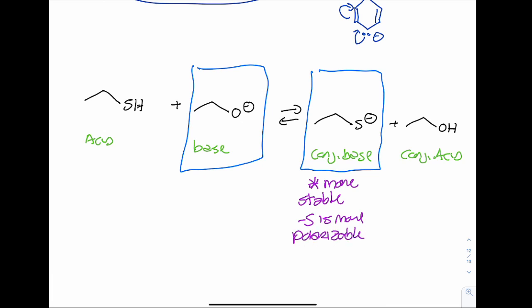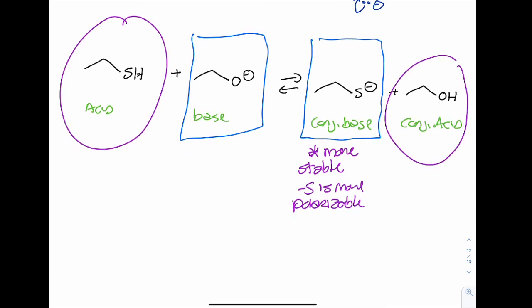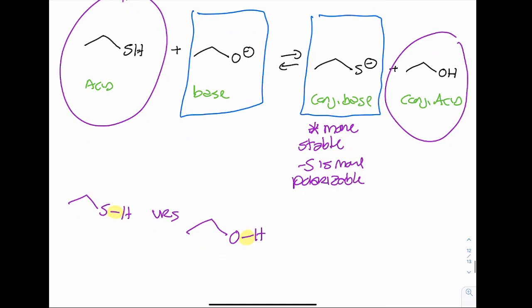This is the one where if instead of looking at the two bases, if you want to look at the two acids, that's fine. Breaking that SH bond versus breaking that OH bond, right? So is it easier to break that bond or this bond? The sulfur hydrogen bond or the oxygen hydrogen bond? This one is easier to break. Because it's weaker.